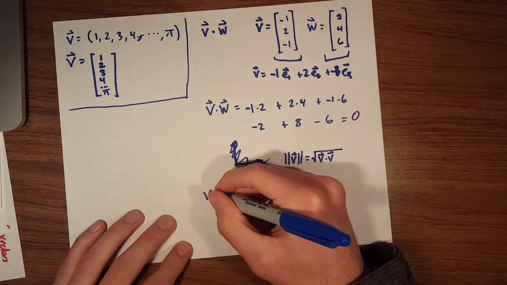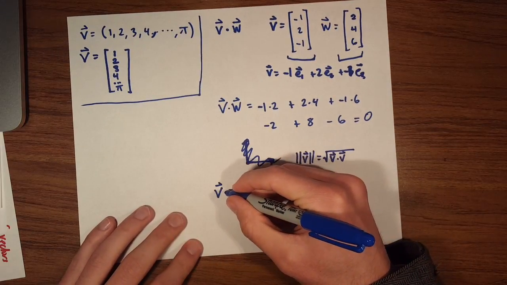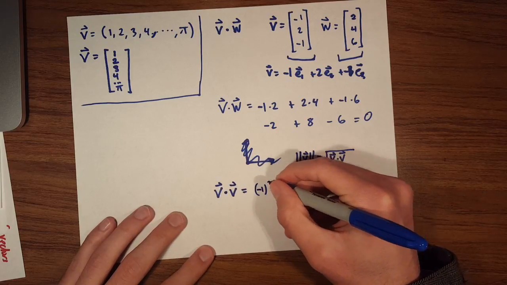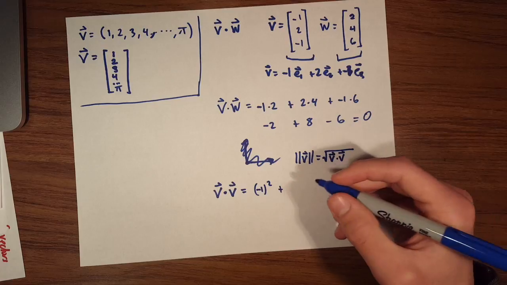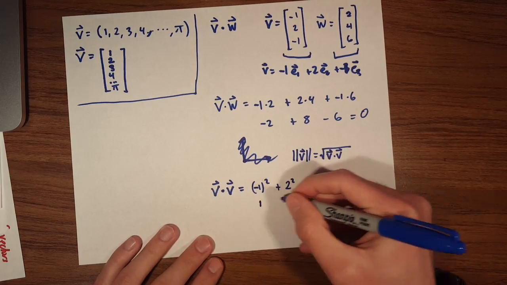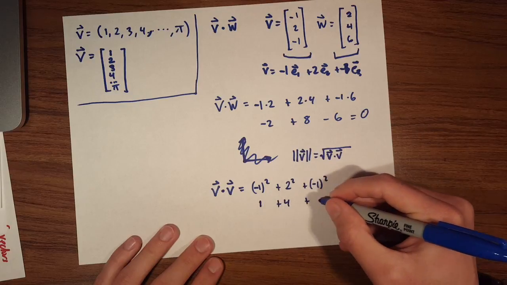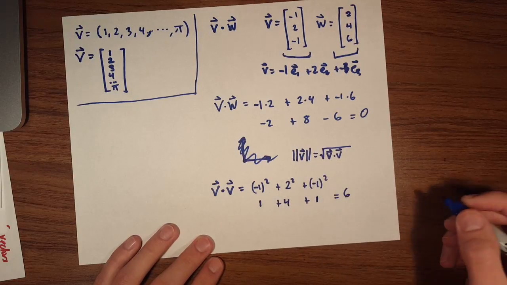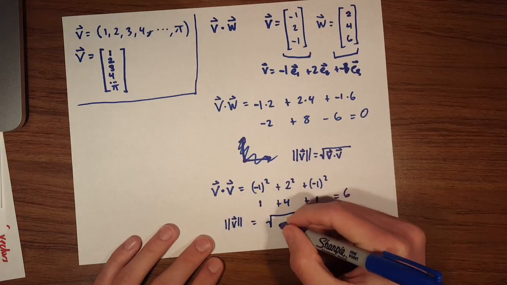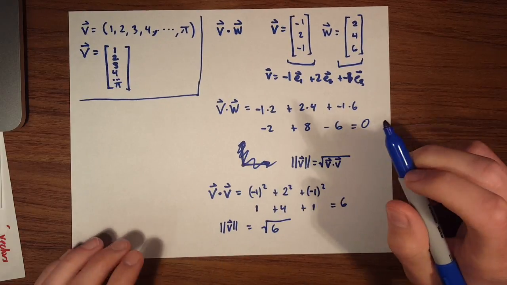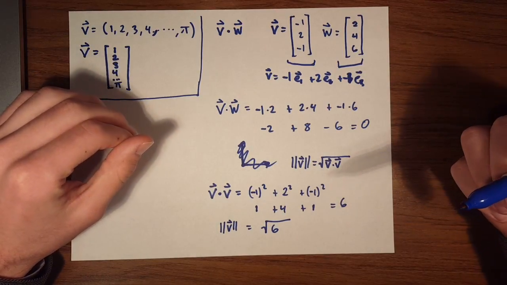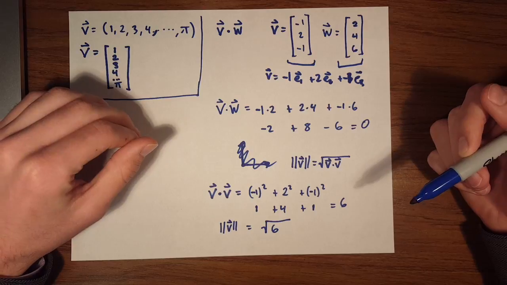Well, v dot v is going to be minus 1 squared plus 2 squared plus minus 1 squared, which is going to be 1 plus 4 plus 1, which is going to be 6. So the magnitude of v is going to be square root of 6.